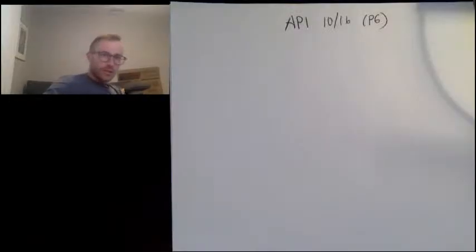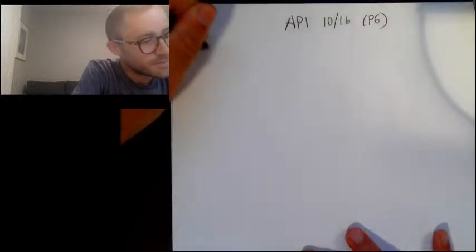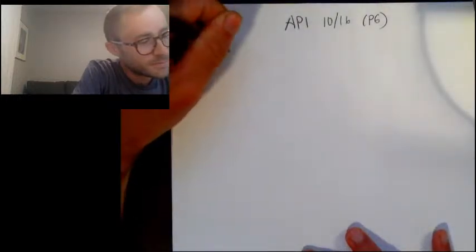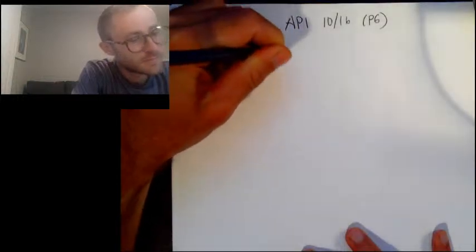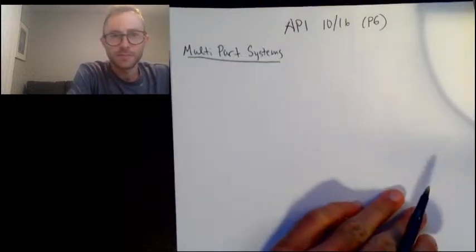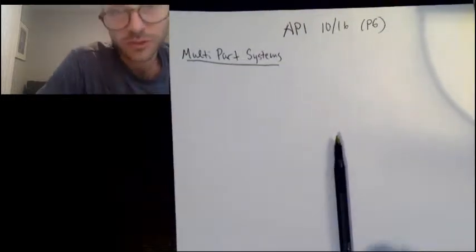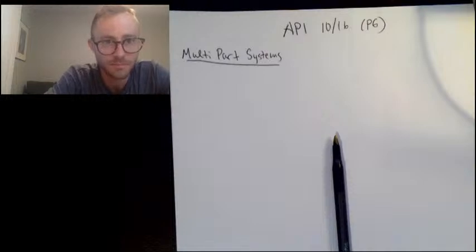So the topic of today's lesson is called Multipart Systems. Up to this point, we've been interested in the motion of a single thing, for example, a block or a box, okay?